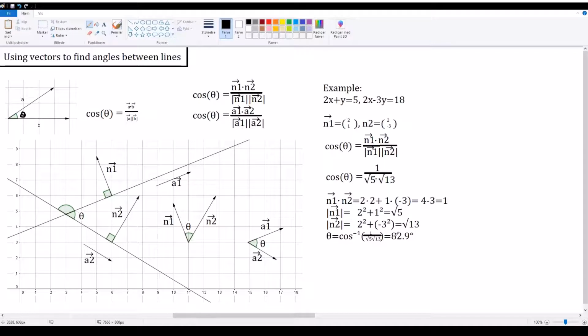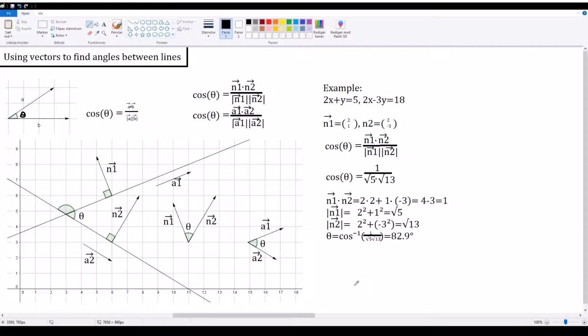To find the angle, we take the inverse cosine of 1 divided by the square root of 5 times the square root of 13, which equals 82.9 degrees as the angle between these two lines.